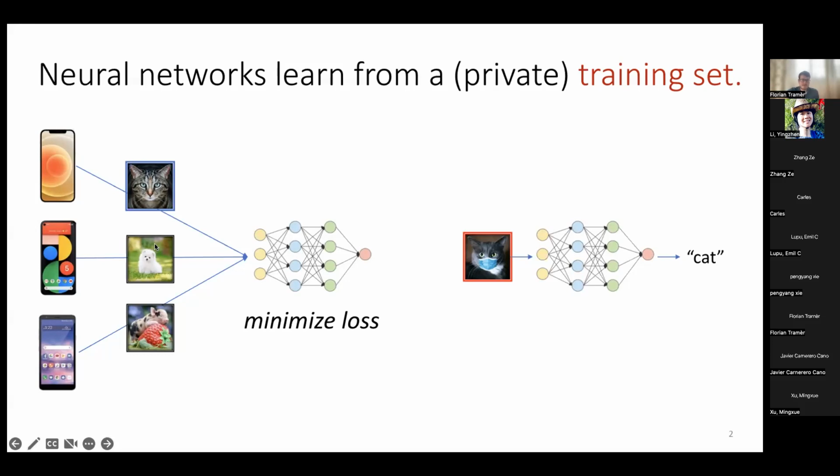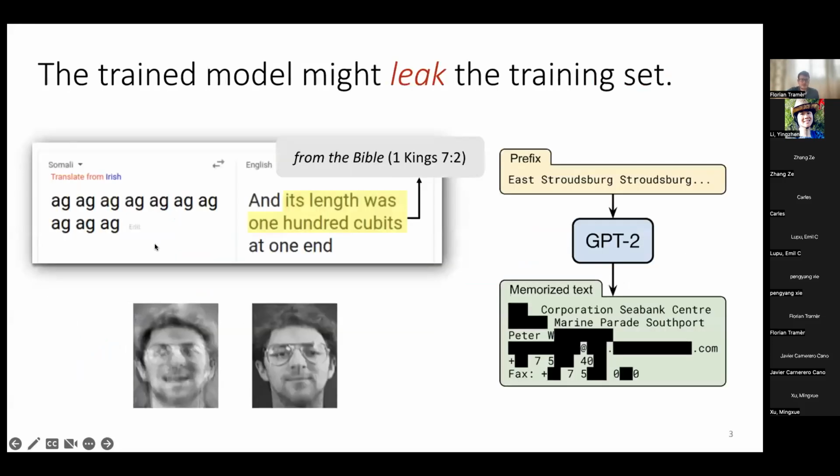The problem with this is that machine learning models, once they're trained, can actually leak a lot of information about the training set. These are just a few examples from the literature from the past few years. For example, on the top left here, this was a couple of years ago, some researchers at Google had realized that, actually, no, this wasn't people at Google.